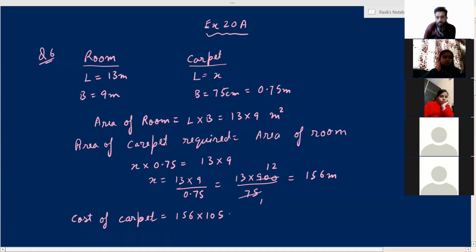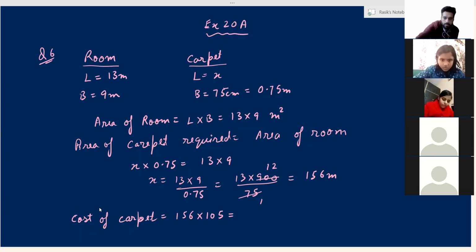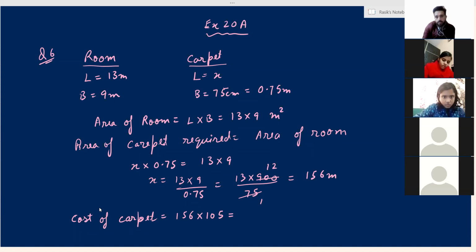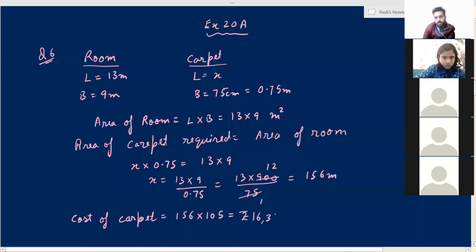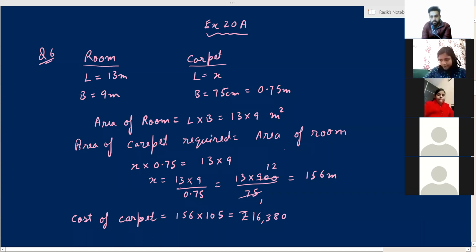What is the product? Find the product. It is how much? Rupees 16,380. Correct. Note down the question, please.